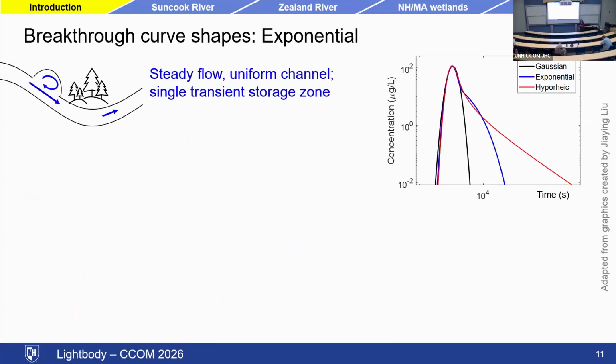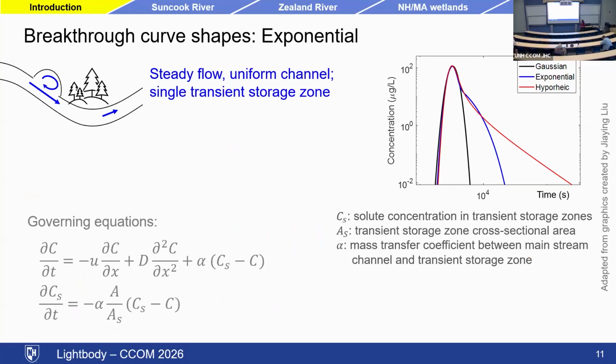Okay, so that's the simplest situation. What happens if we have transient storage? Let's first start by just considering a single transient storage zone. The governing equation here is modified to account for mass transfer between the main channel and the transient storage zone.